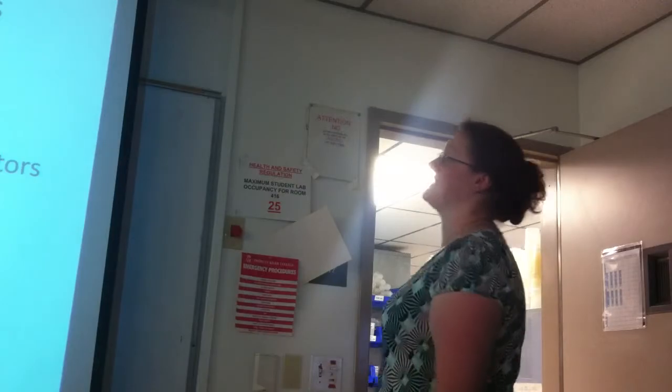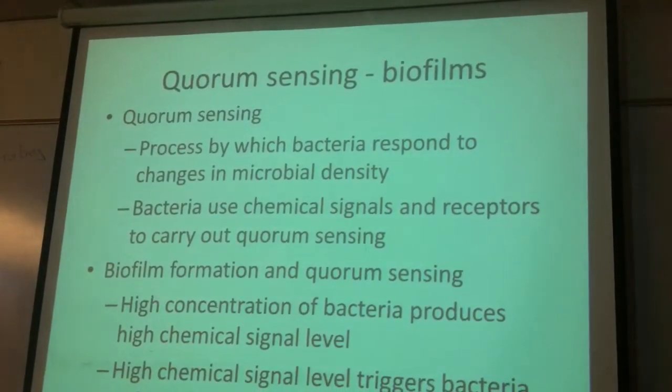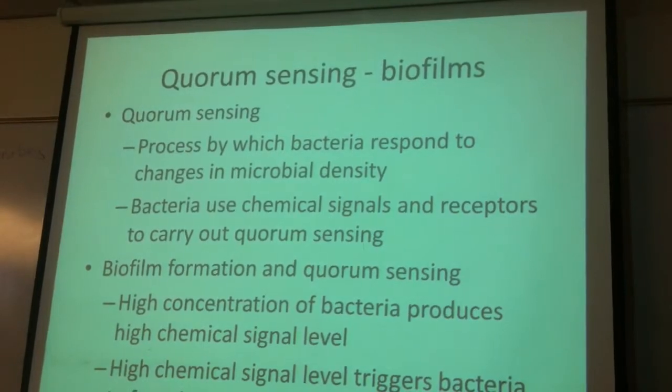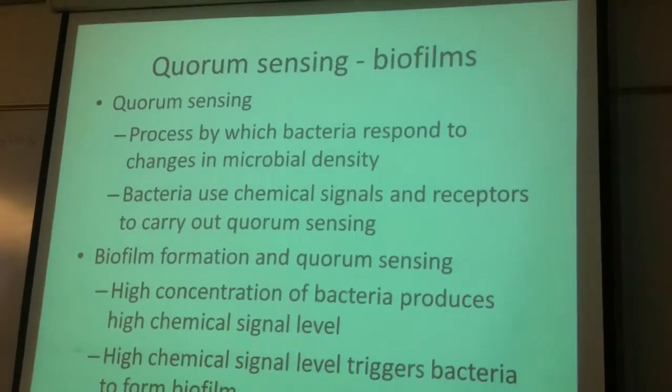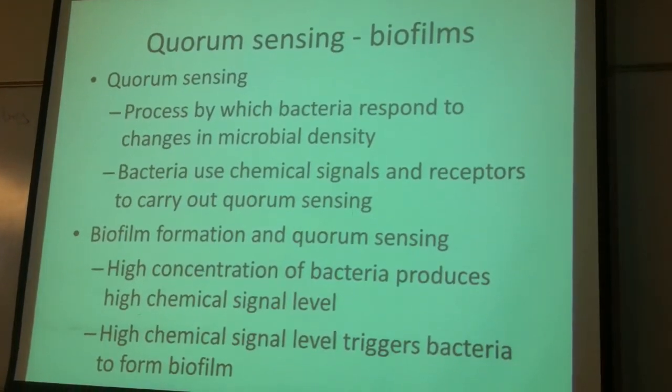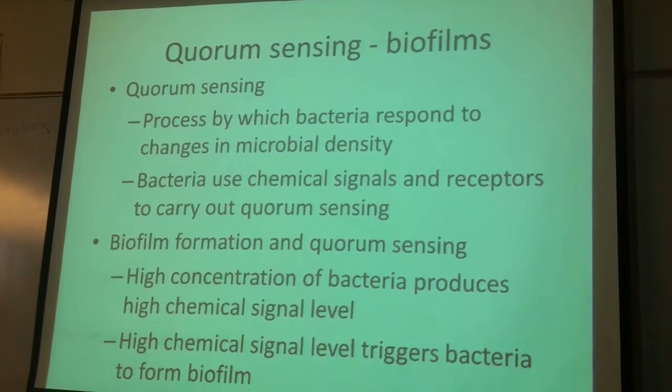Biofilms, quorum sensing. Okay, so quorum sensing is a process by which bacteria respond to changes in microbial density. They use chemical signals and receptors. They carry out this kind of sensing, going, okay, what is around me? How much is around me?